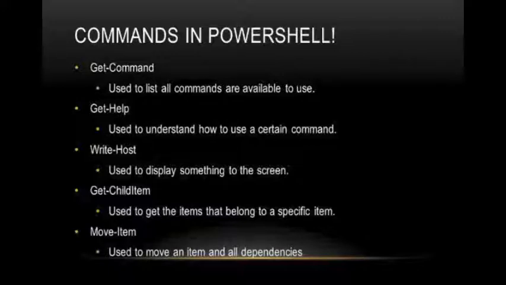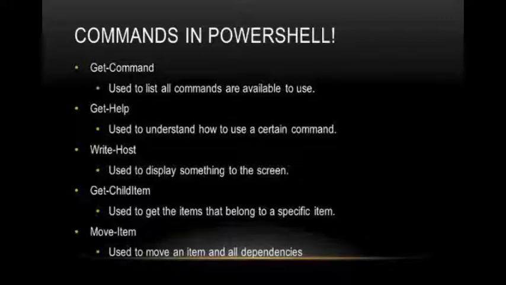Get-Help shows you the parameters and how to use a certain command and what to expect as a result of that command. Write-Host is used to display something to the screen, whether it be a variable that we don't know exactly the value of at compile time, or simply a string to the user.